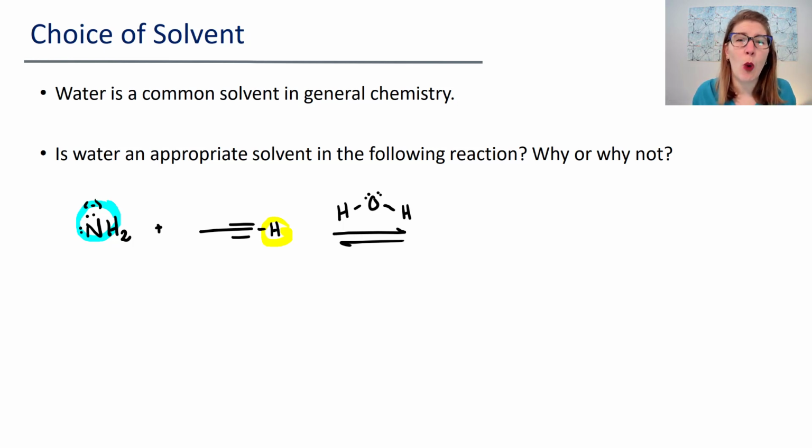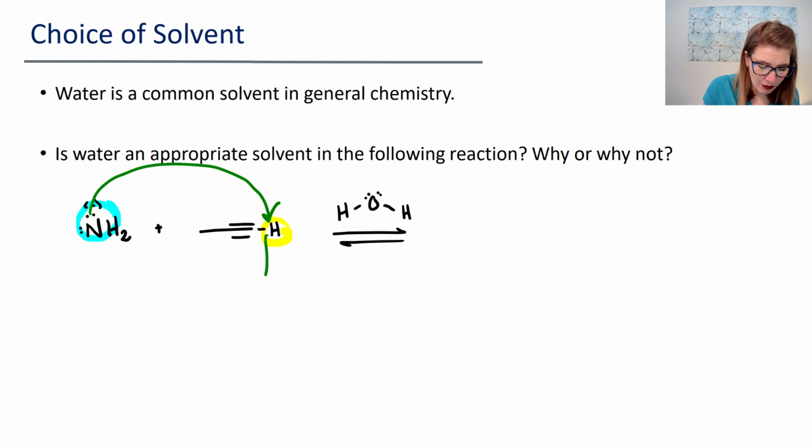Let me draw what we want to have happen with green arrows. What we want to have happen is our nitrogen to attack this hydrogen, pull off that proton, and have the electrons go on to the carbon triple bond. But what would actually happen is you would have your nitrogen attack the hydrogen of water.